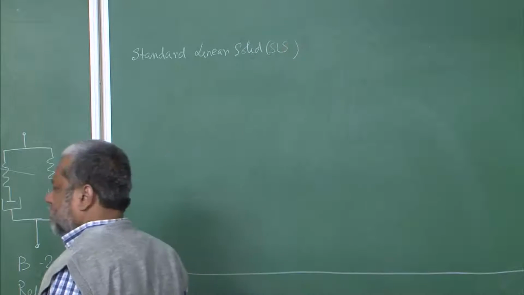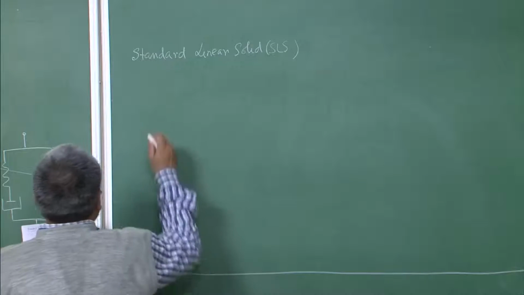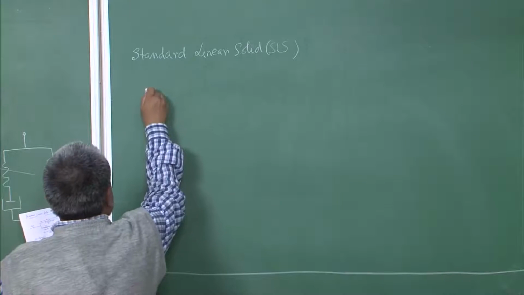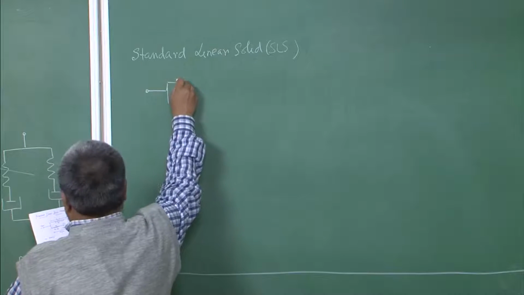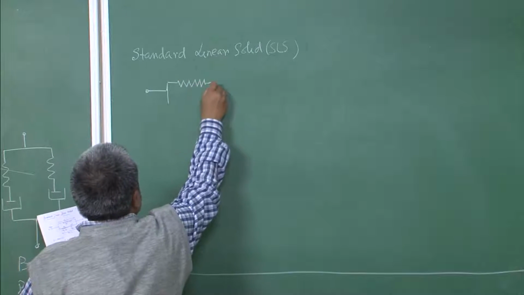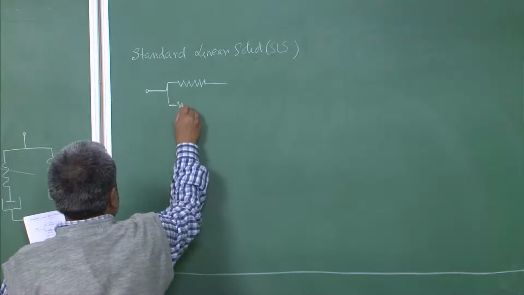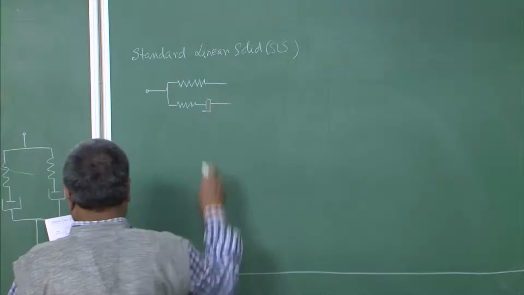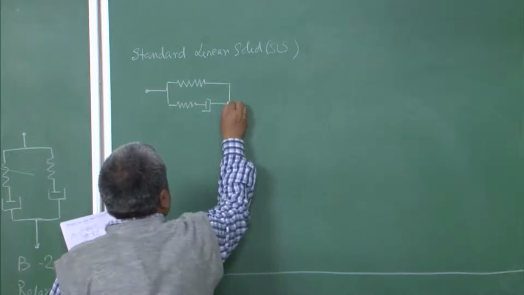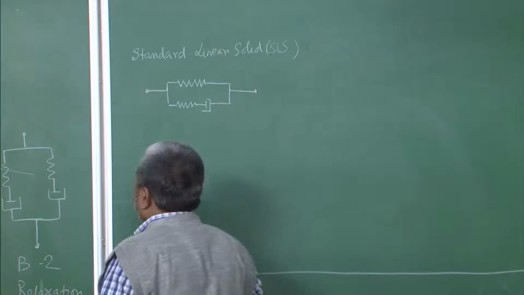It is a form of a Zener model and let us try to draw it. So, we have 3 parameters here, 1 spring and then you have another spring and a damper together. So, this is the model.